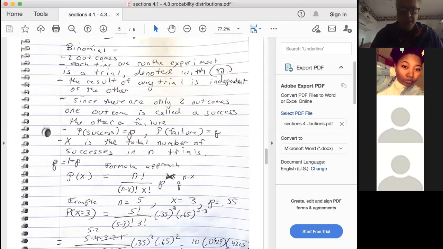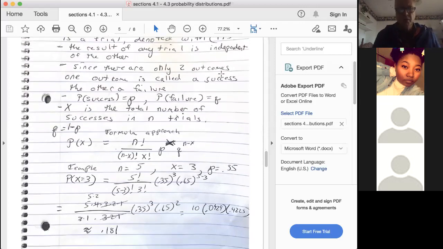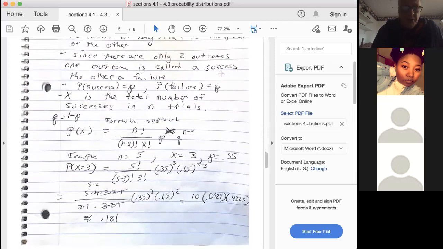Since there are only 2 outcomes, this part sometimes bothers people. One outcome is called a success, the other is called a failure. Now, the reason they call them success and failure isn't because one is good and the other is bad. It just has to do with trying to differentiate the 2 in the most extreme possible way.